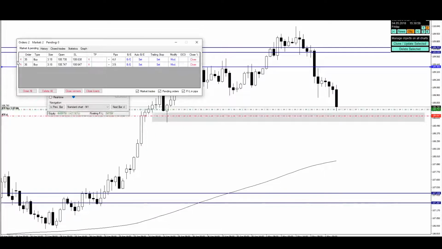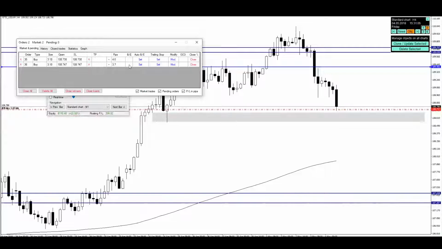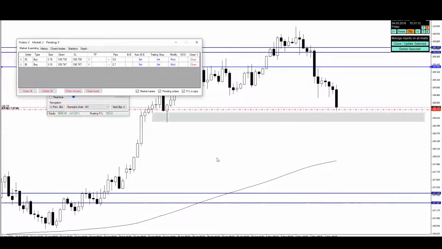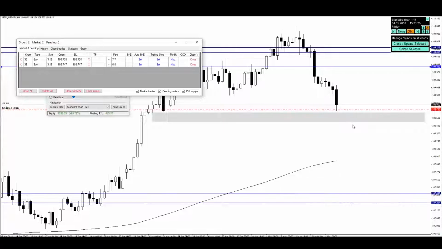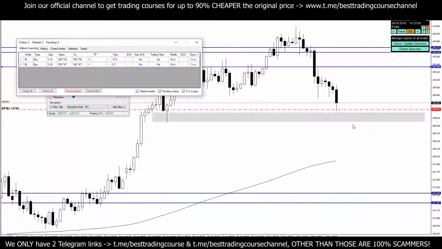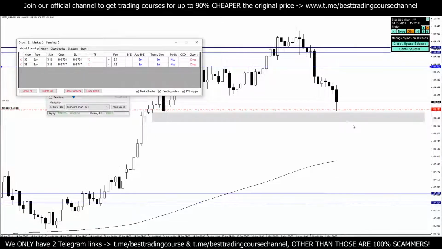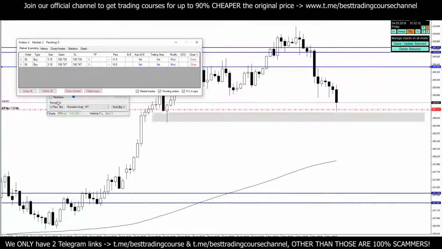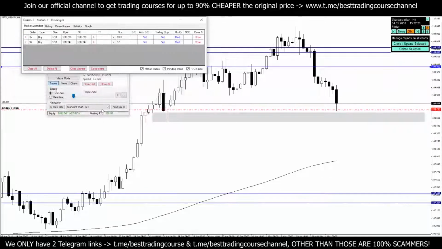Put them at break even so that they're safe. Price positions at break even. Nice. Very nice. We got it.